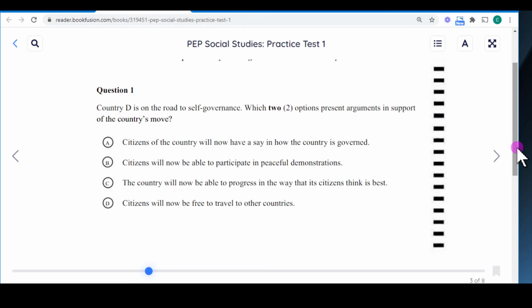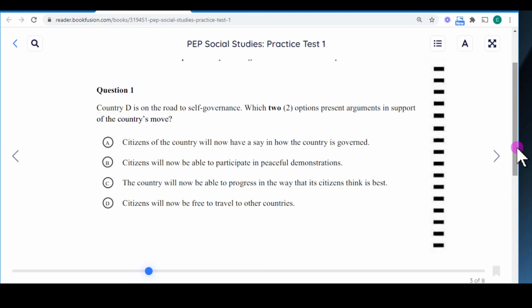All right. B, citizens will be able to participate in peaceful demonstrations. Okay. C, the country will now be able to progress in the way that the citizens think best. D, citizens will now be free to travel to other countries. Right?